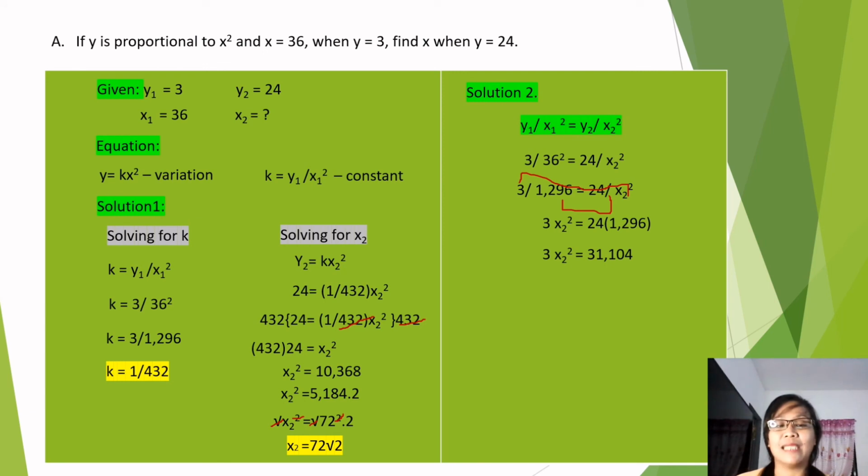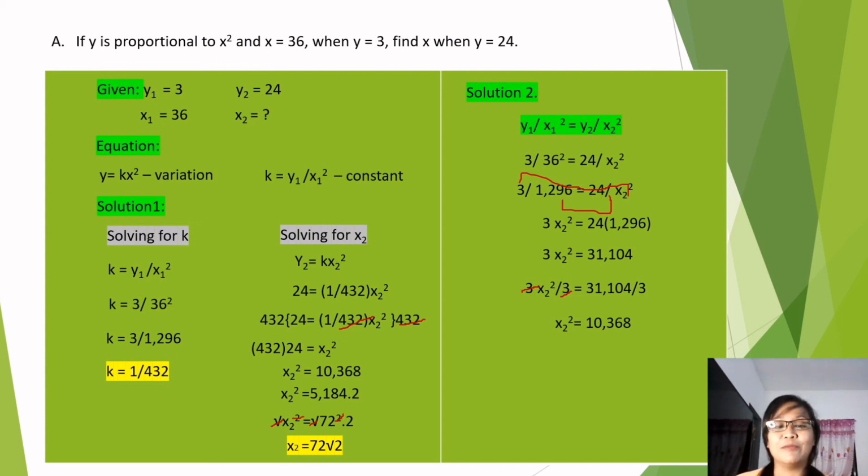Next, isolate x sub 2 squared by dividing both sides by 3. So cancel na si 3 at saka si 3. So x sub 2 squared is equal to 31,104 divided by 3, which is 10,368. The same step dito.